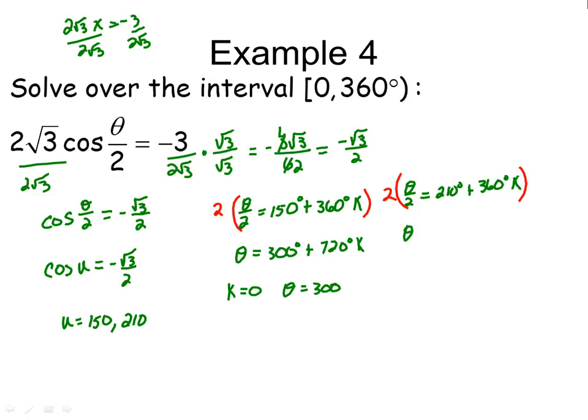Alright, so we're going to get theta is equal to 420 degrees plus 360k. So even if k is equal to 0, theta is going to be 420, which puts us out of our range. So we do only have one opportunity, and that's at 300 degrees. That's our only opportunity to get a hit.